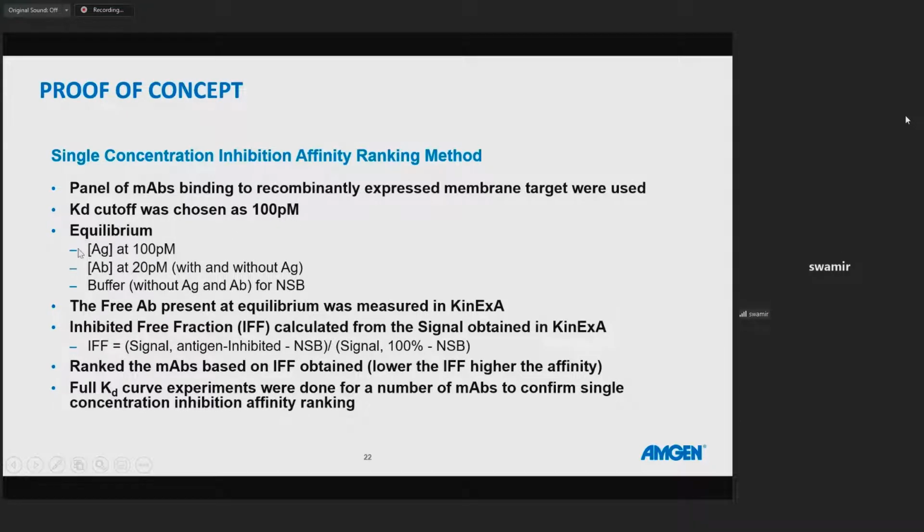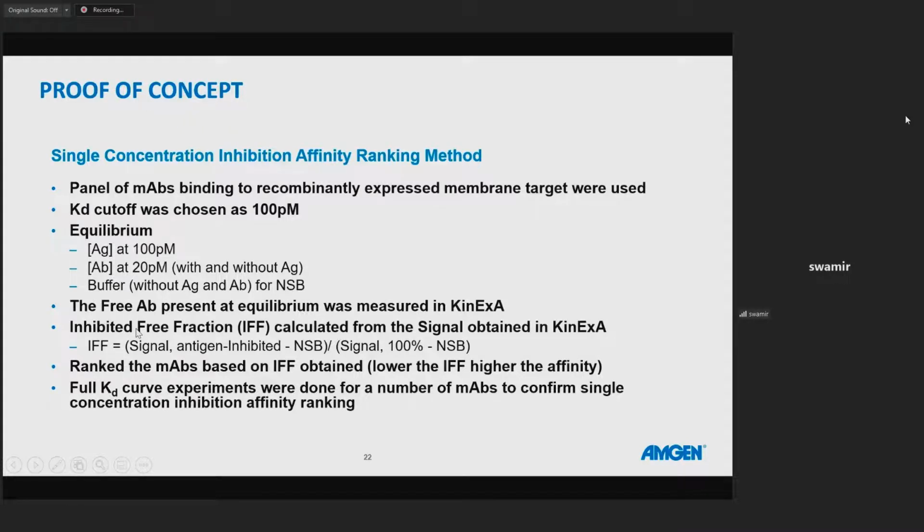We equilibrated the antigen at 100 picomolar, and antibody at less than the KD cutoff, that is at 20 picomolar, with and without antigen, and then for non-specific binding calculation, without antigen and without antibody, buffer load. So after equilibrium, the free antibody was measured in KinExA.